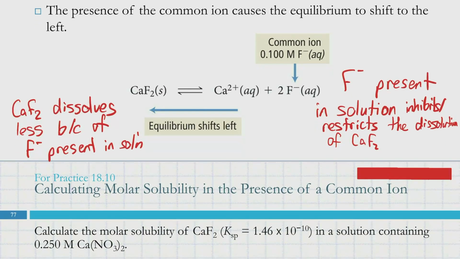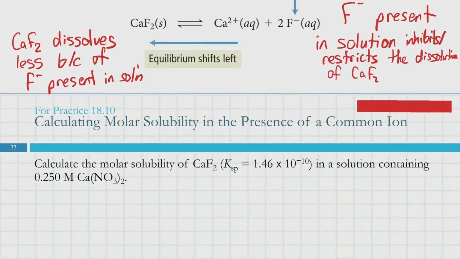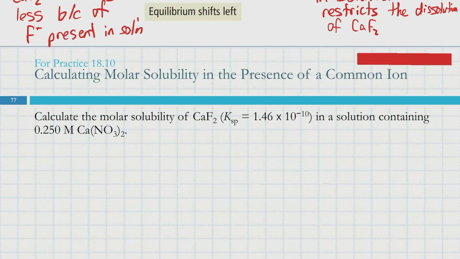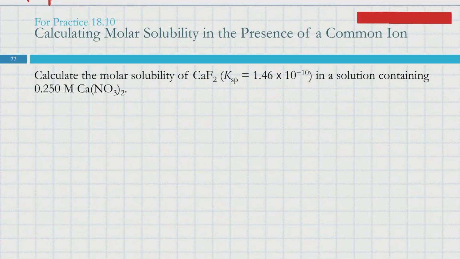All right, so this is where our equilibrium stuff gets a little bit more interesting. We want to calculate the molar solubility of calcium fluoride in a solution containing 0.250 molar calcium nitrate. So what we're looking for here is, do we have a common ion?